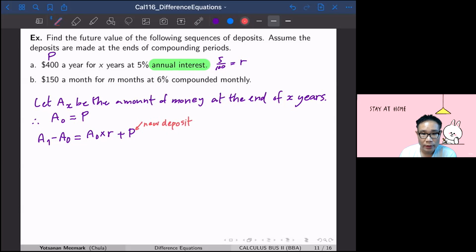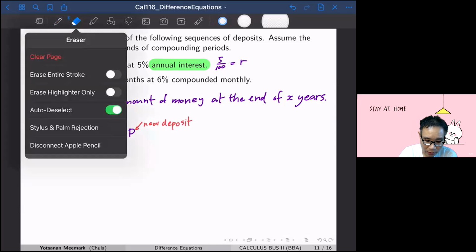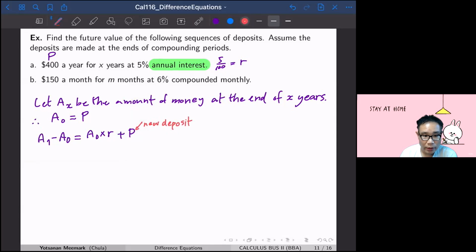So you're going to see that A1 is equal to A0 times 1 plus R, plus the money that you deposit at the end of the first year.